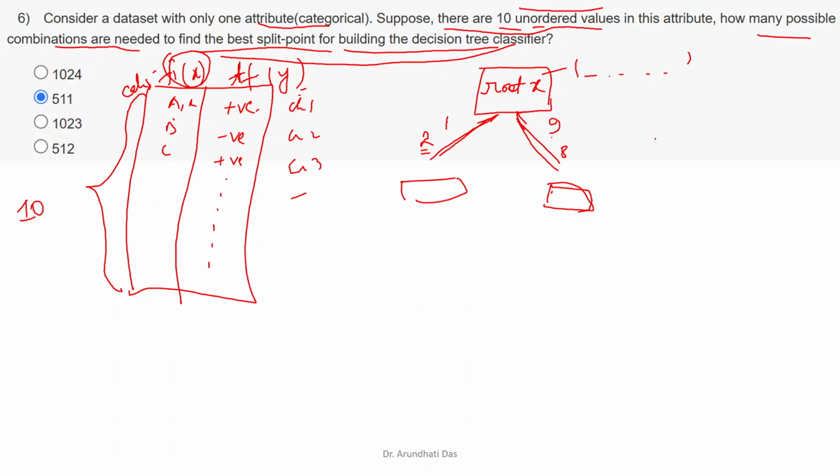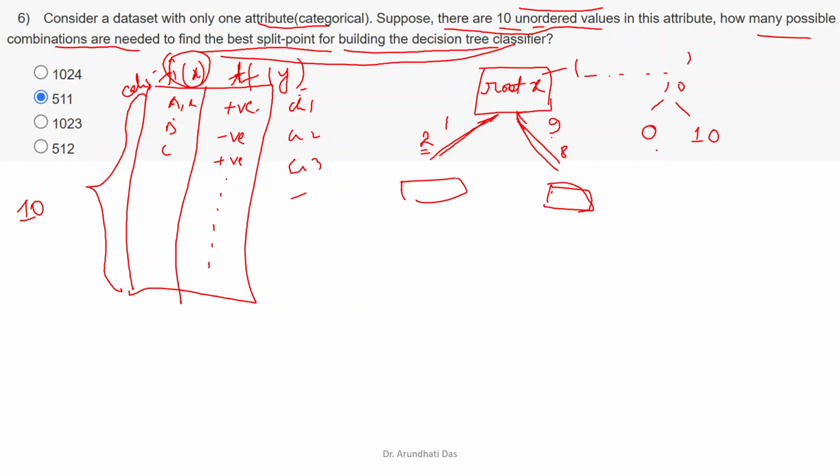There are 10 values. So out of these 10 values, if I need to divide these 10 values into two sets, how many possible such combinations will be there? The combinations can be that one set will be totally empty, and the other set will have 10 values.